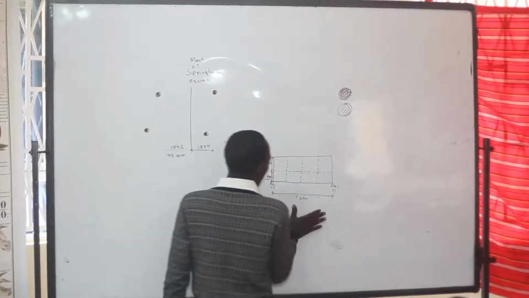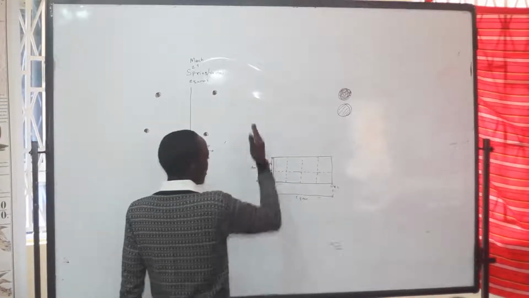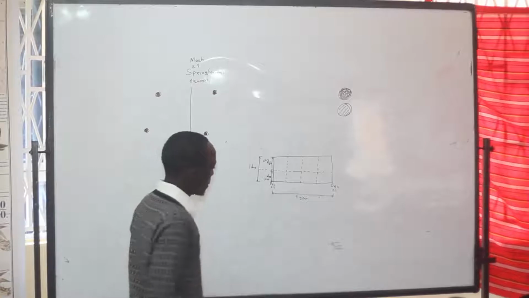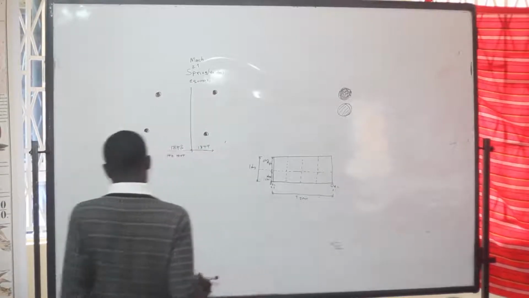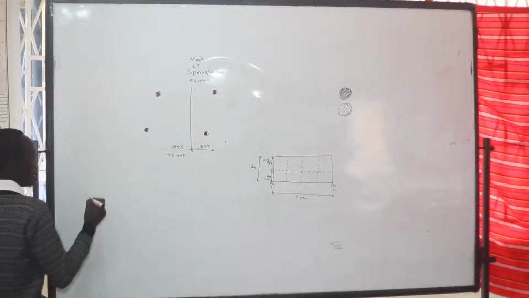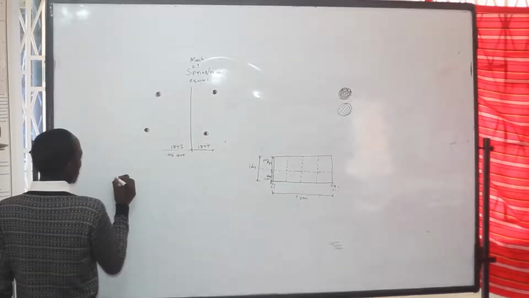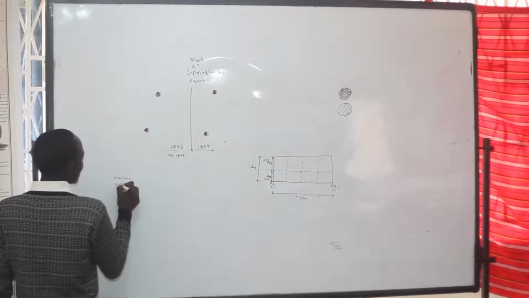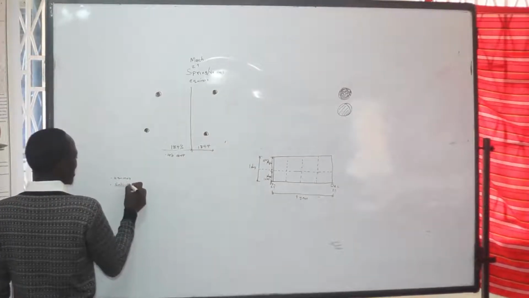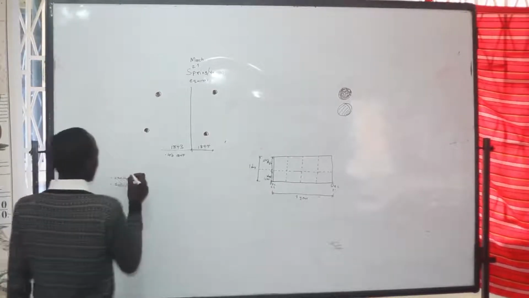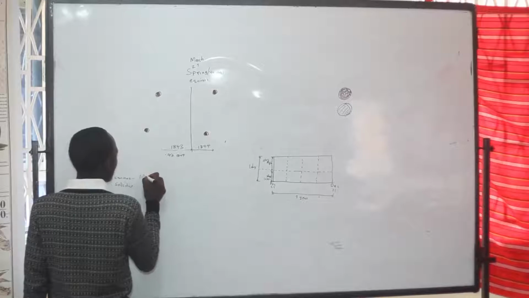On the horizontal scale we have 1 year. On the vertical scale we have 1 day divided into 2 portions, night and day. So from our basic geography, we know that we have these 2 terms, equinox and solstice.